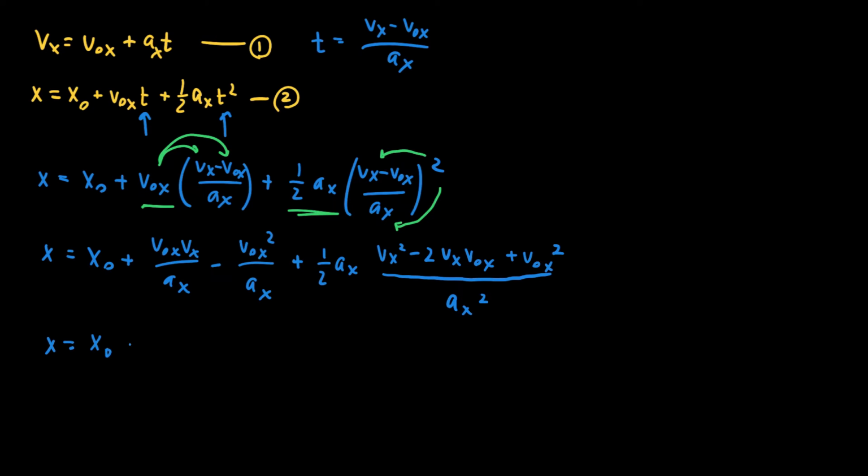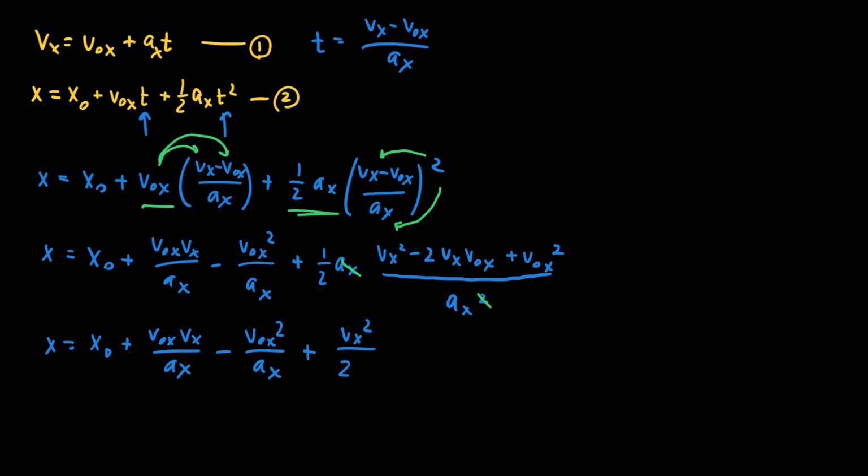So x naught plus v naught x vx over ax minus v naught x squared over ax plus, and now one of the terms of the acceleration will cancel, so ax will go away with this squared. And we will have the following terms.